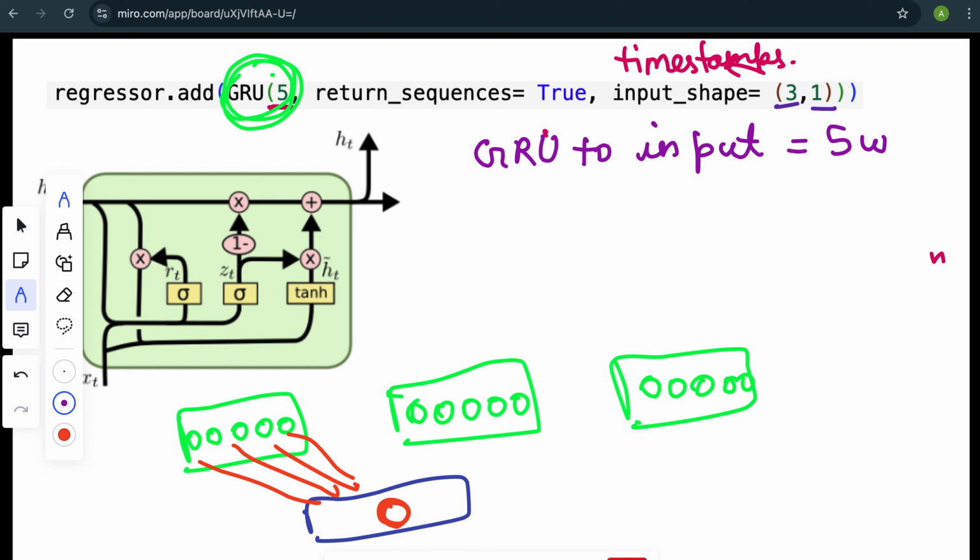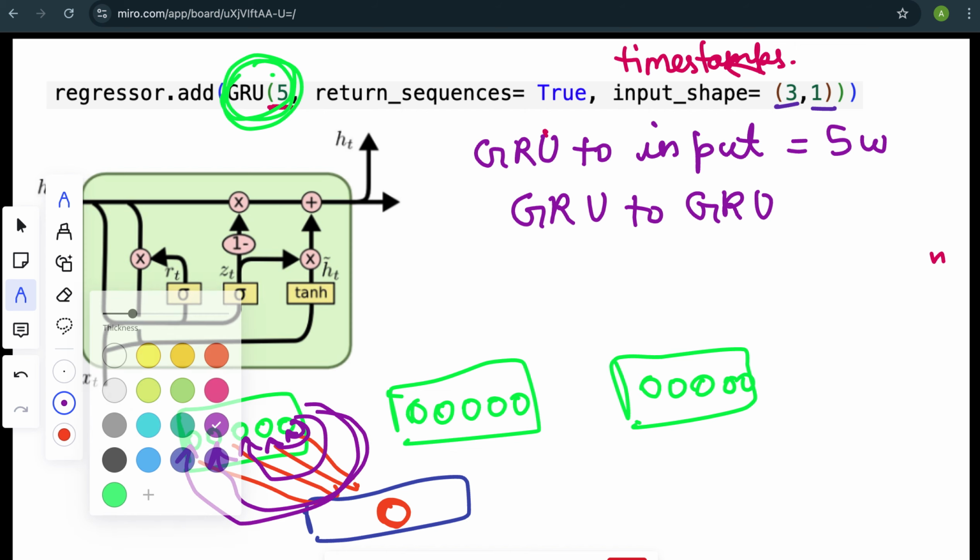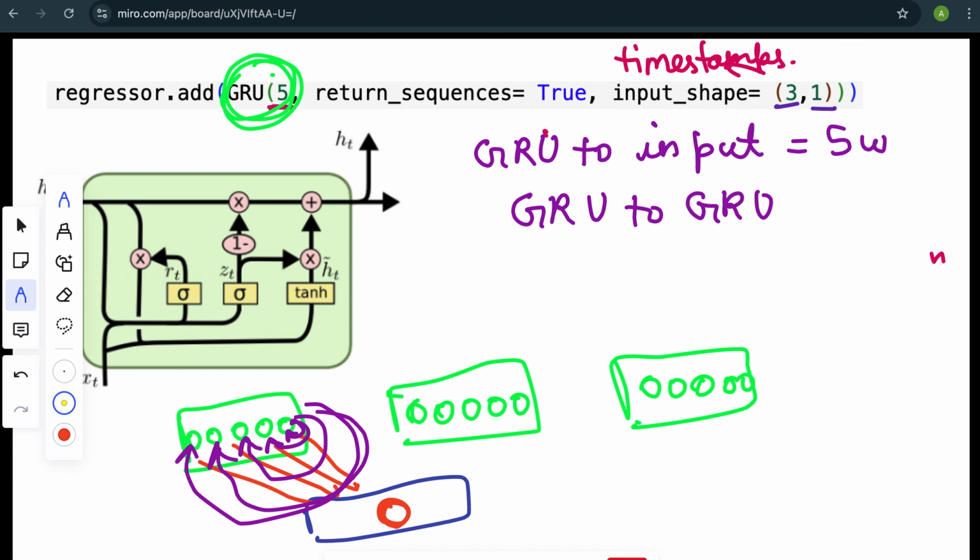And then the GRU to GRU connection: as I told you, these nodes will connect with themselves also. First of all with itself, then with the others. They will be interconnected with each other.